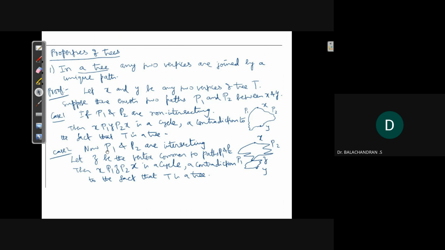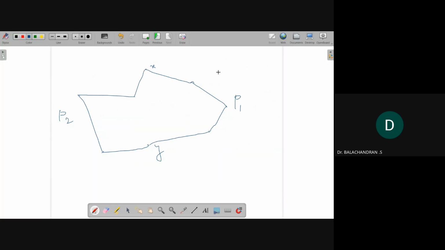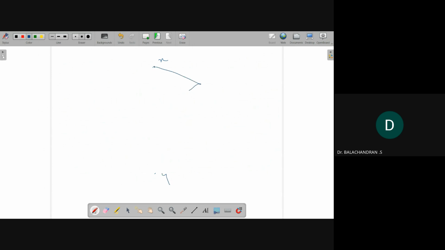Case 2: suppose P1 and P2 are intersecting. Maybe I'll put another diagram. X, Y. It goes like this, and then here it is intersecting, and then it goes like this, and finally it joins.